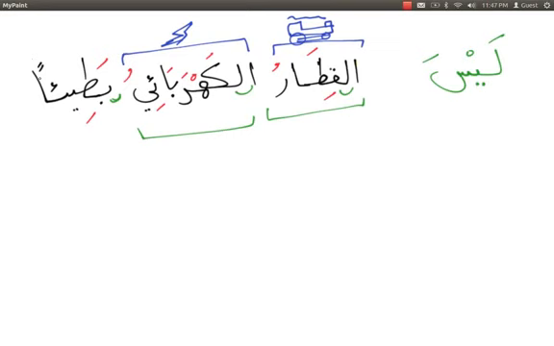The electric train is not slow. Okay, one last example, and then we wrap up this lesson.